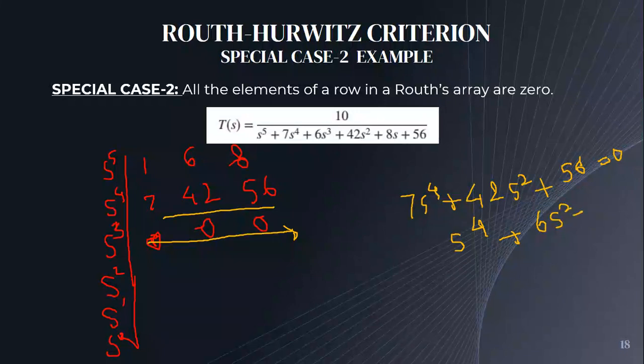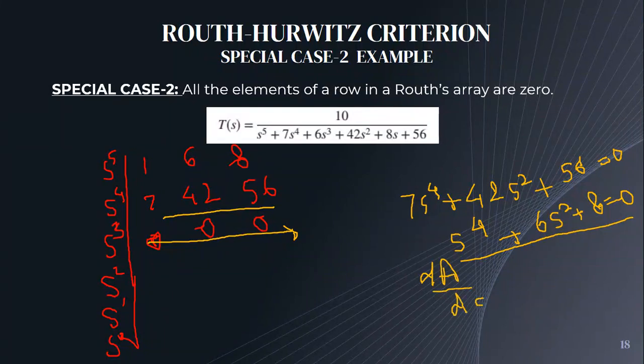Now I'll be differentiating this equation with respect to s. So if I differentiate this equation with respect to s, that is dA over ds, I'll obtain the coefficients of the new term. So it will become 4s cube plus 12s, right?